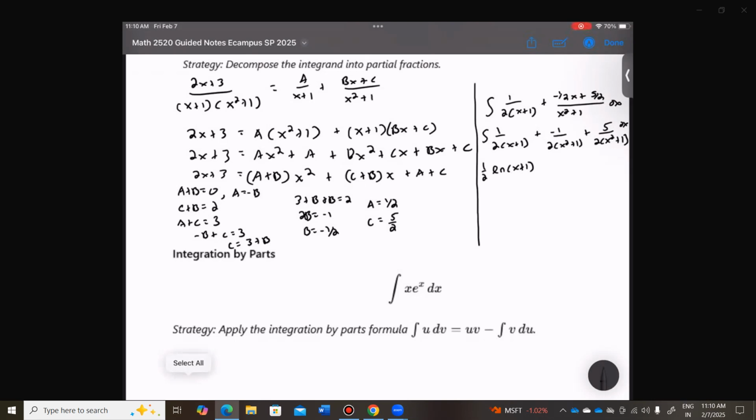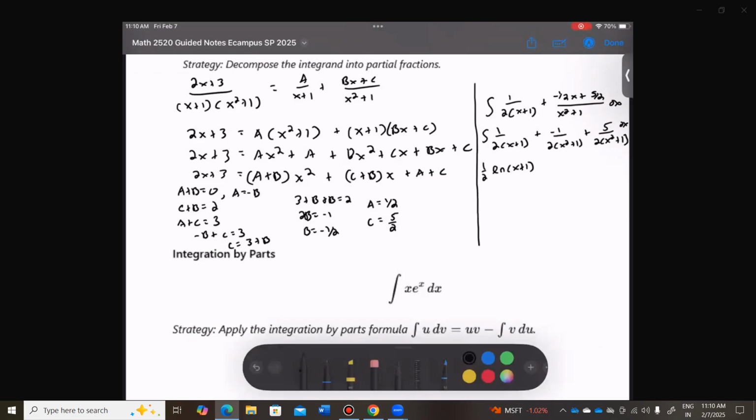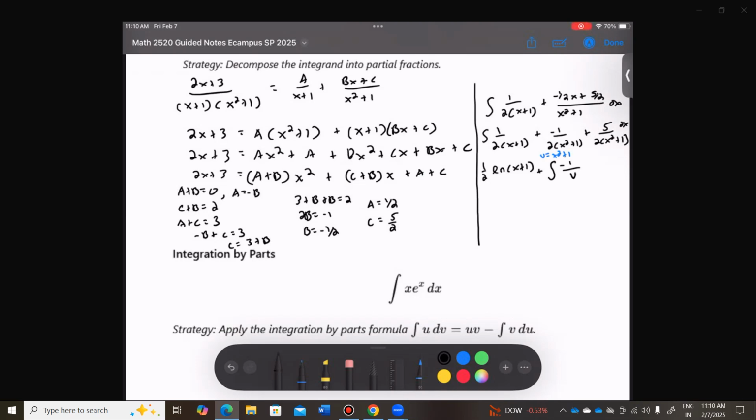The second one, we're going to let that be a u substitution, where u equals x squared plus 1. And so this would become the integral of negative 1 over, if that's u, put u in the bottom, then du is 2x.